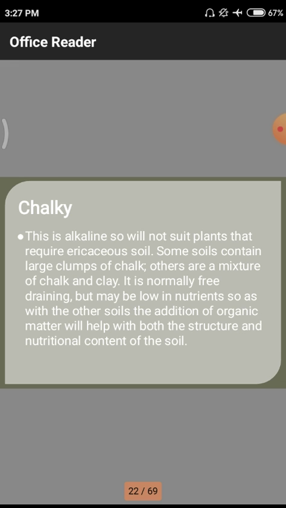Those have calcium as the main constituent and other calcium compounds, that means carbonates, hydroxides and peroxides. Others are a mixture of chalk and clay. It is normally free draining, that means they have a free drainage property, so water flows easily. It may be low in nutrients, that means there are no nutrients.